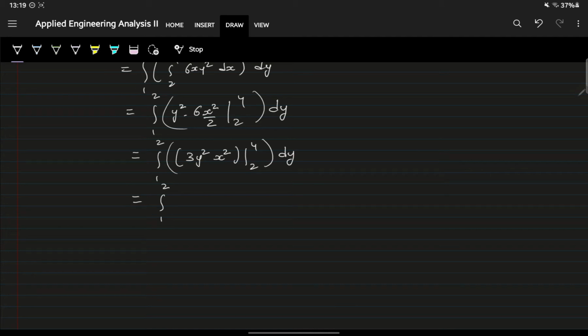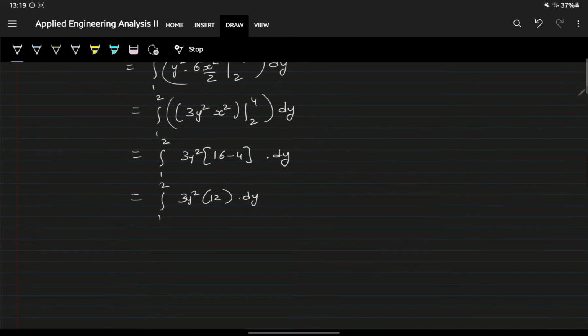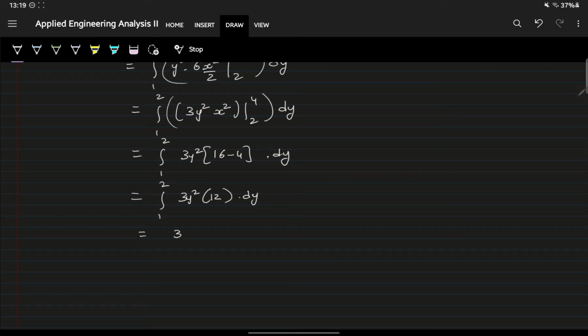So 3y square times 16 minus 4, that is 36y square.